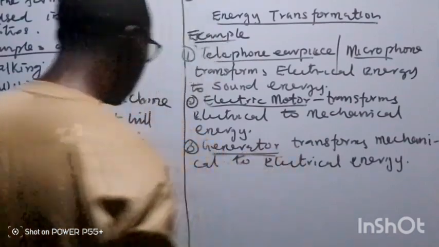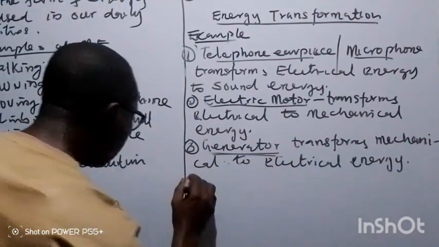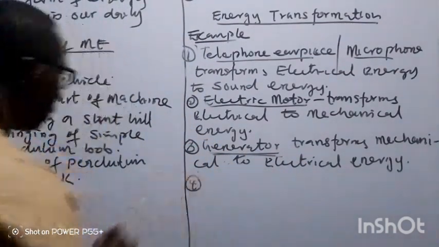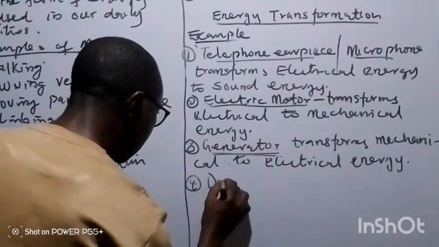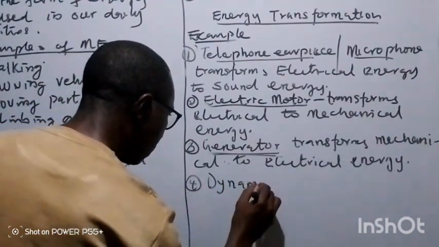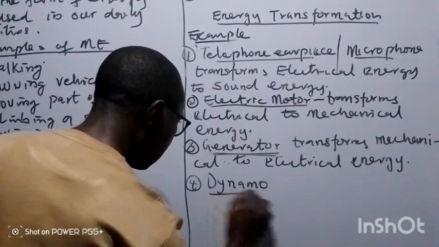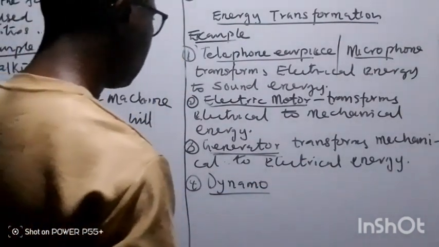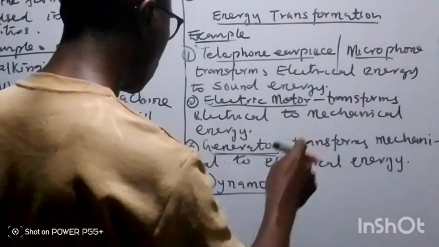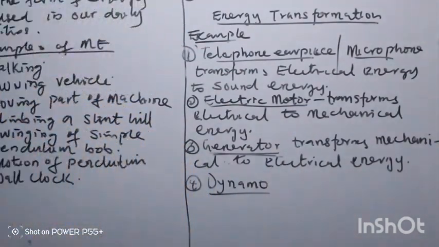Then number 4. Dynamo is another instrument. This one will transform mechanical to electrical at the same time, from electrical to mechanical. That is why we call it dynamo.